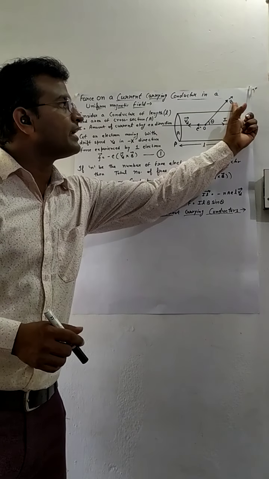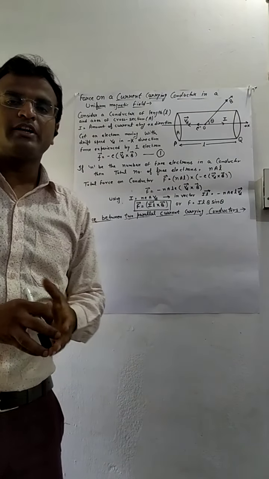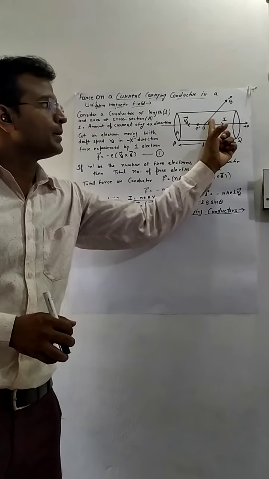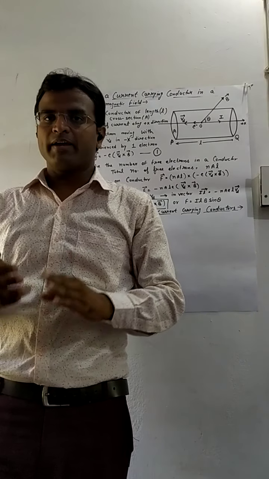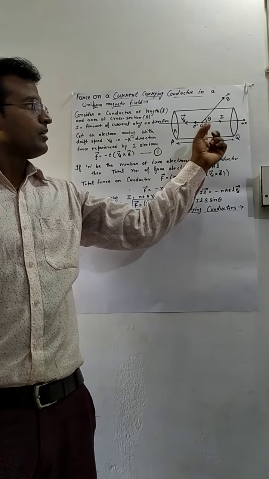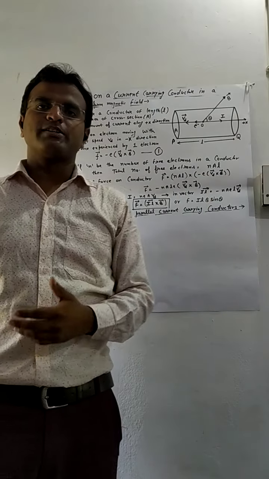B is the magnetic field, which makes an angle theta with the direction of current. B vector indicates the magnetic field and its direction, making an angle theta with the direction of current.